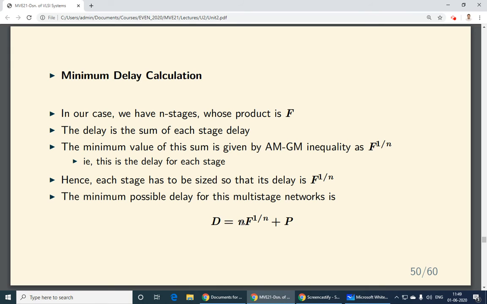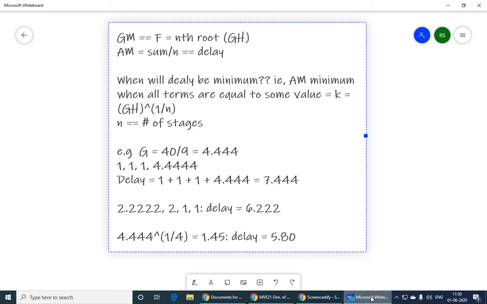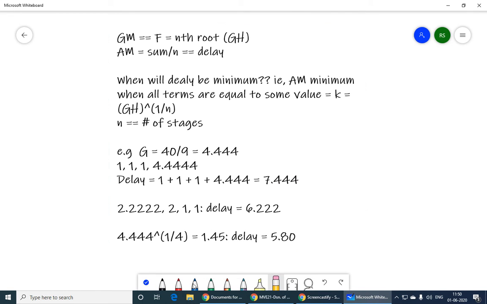This is the GI-HI product sum. That is, if I have 4 stages, for example, it will be 4 into GI-HI to power 1 by n, what we saw in the previous example. Okay, that will be the sum, and this will be the sum of the parasitic delays, sum of individual stage pi. So if you want, I can write it again here.